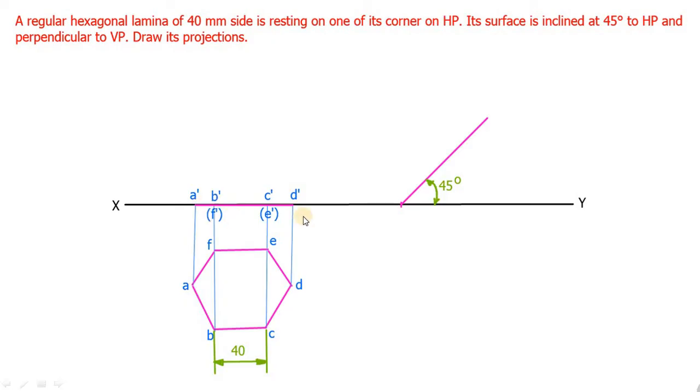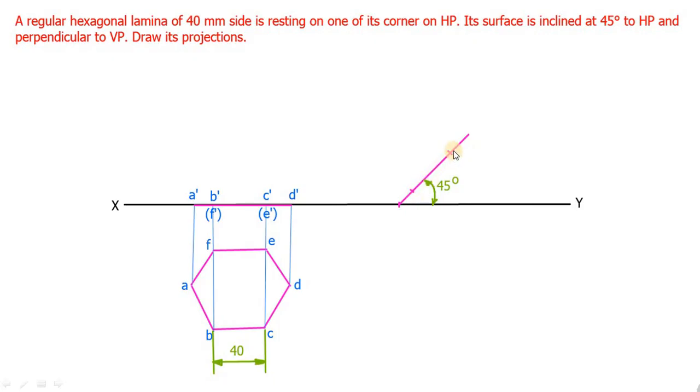Similarly measure B dash C dash and accordingly mark C1 dash here. Similarly measure the distance of C dash D dash and accordingly mark D1 dash. Clear? See, I have marked all the points. So this will be A1 dash, B1 dash, C1 dash and D1 dash. See, I have named all the points.